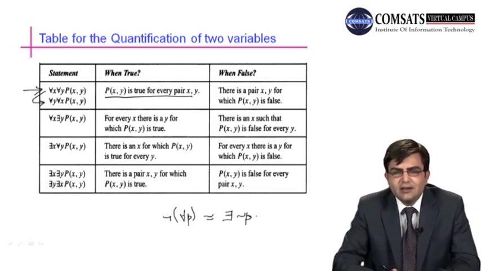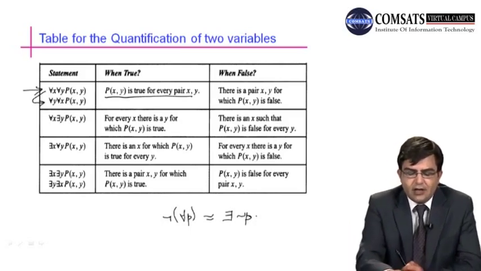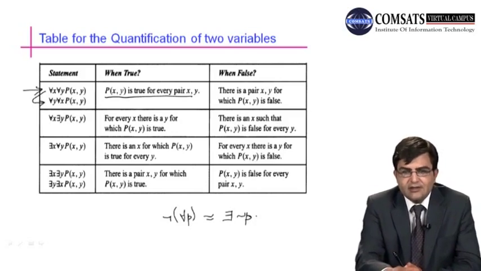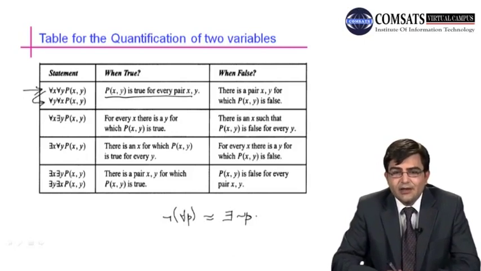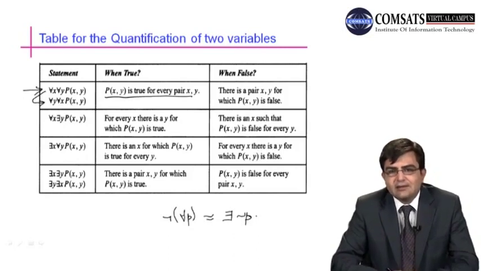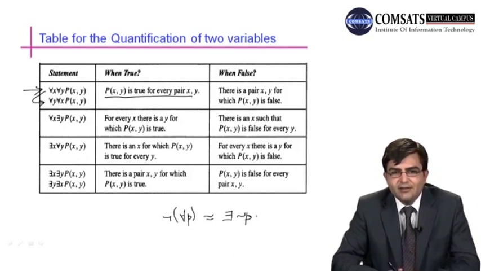Or simply you can say the negation of universal quantifier is existential quantifier. Now here we have two universal quantifiers. P of xy is true for every X and for every Y. It will be false when there exists some pair xy for which P of xy is false. So only one pair of X and Y is sufficient to prove this statement to be false.